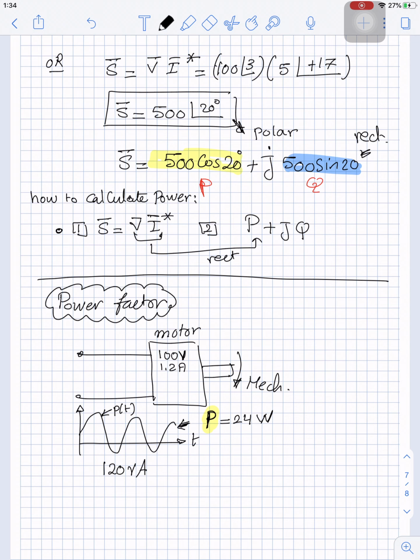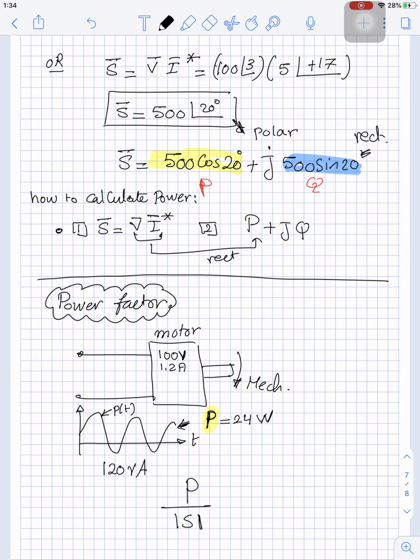So is it a good motor or a bad motor? This factor, the ratio between P and the magnitude of S, is very important, because P over magnitude S gives you the productive component relative to the apparent power.